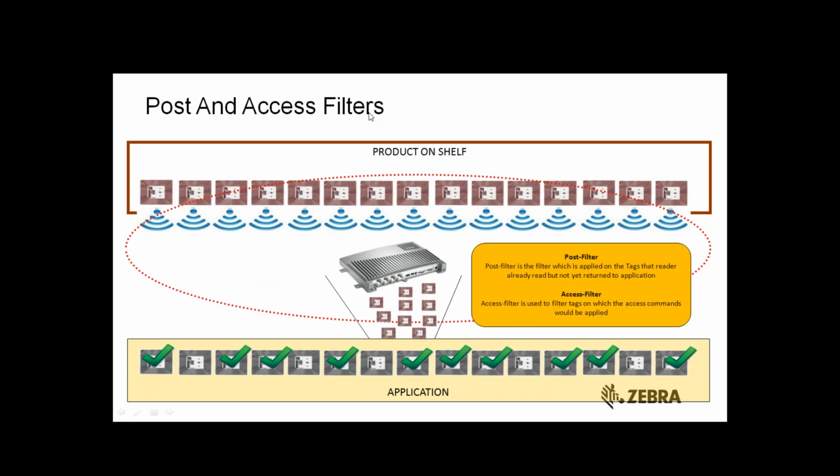Now, just like the pre-filtering, there is also a post filter and an access filter. Think of the post filter as something that gets applied after the tag has already been read, but the result is not returned to the application. So the reader can do some manipulation there. In this example, you will see that the reader read all of the tags, but it only made certain tags available to your application.